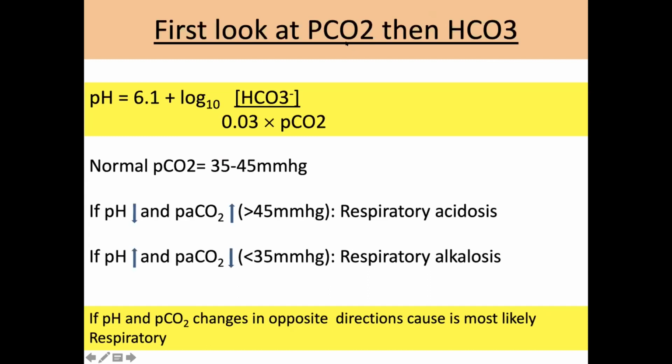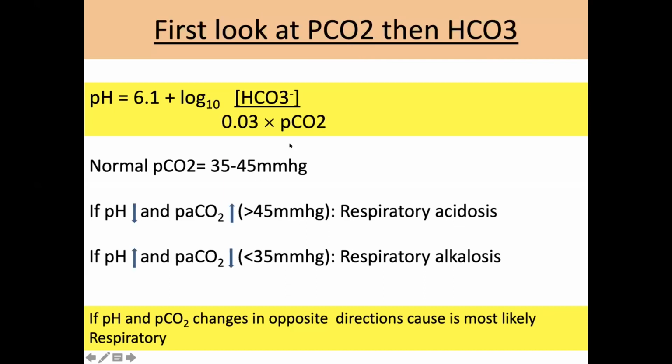The reason being, PCO2 is something that we can work upon, the respiratory component. We can alter it. Along with that, the respiratory component compensates much faster as compared to the metabolic. So the body will respond much faster in terms of compensation as well as in terms of disease. So after pH, the first thing that we look upon is the PCO2.